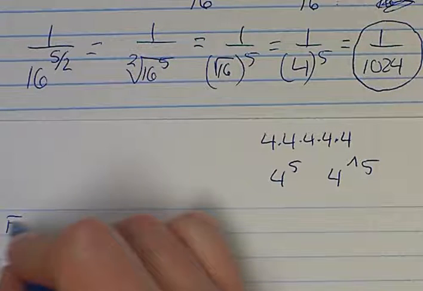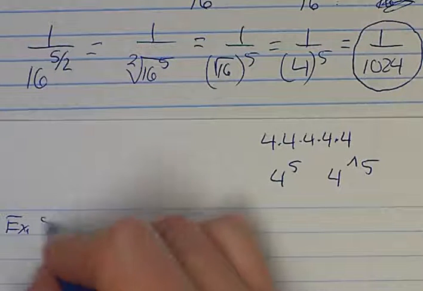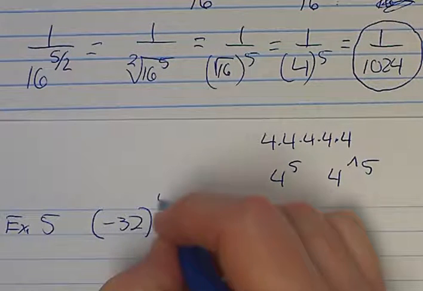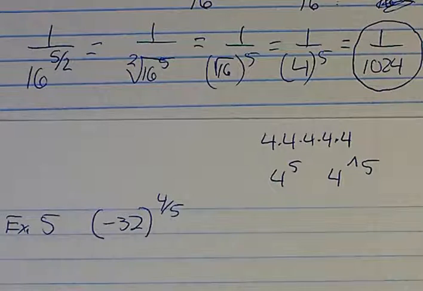Alright, we haven't done one with a negative yet, so let's throw a negative number at you. Let's go negative 32 to the 4/5 power.